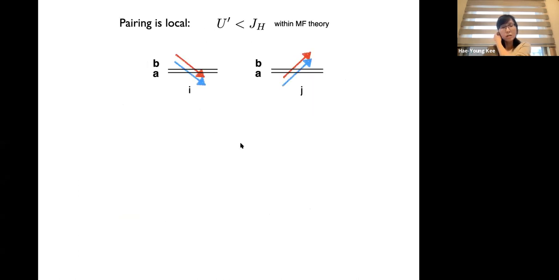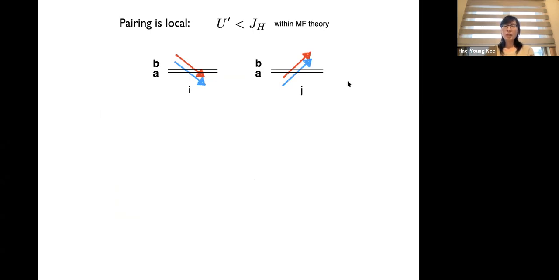So let me illustrate what this means. Pairing is actually local: on a given site i, I have two orbitals, A and B, and the Hund's coupling likes to align them in parallel. And on site j, again I have A and B, two orbitals, aligned in this way.